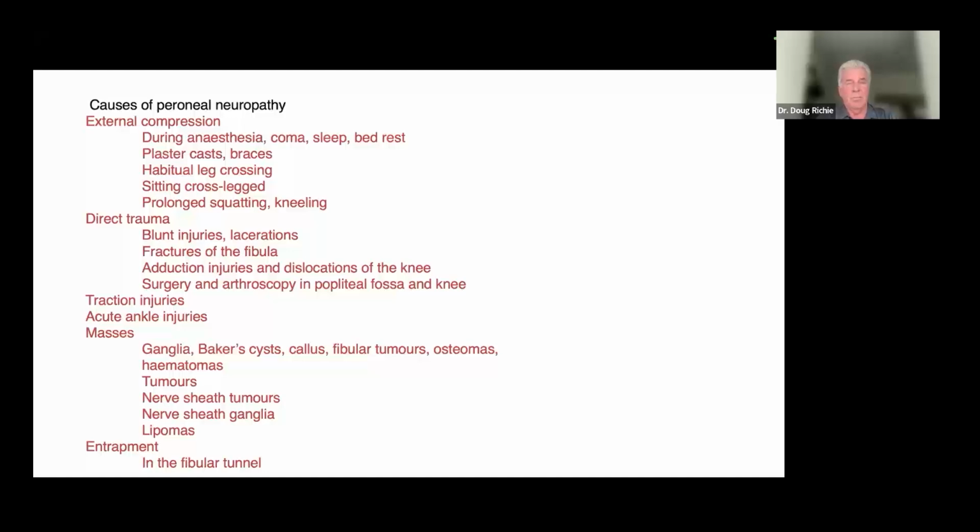Anything that puts prolonged pressure on the common peroneal nerve can cause neuropathy. Don't forget tumors in the common peroneal nerve, as well as tumors around the knee joint. And this one here, prolonged squatting and kneeling, are known to cause low-grade but persistent trauma to the common peroneal nerve and acquired foot drop.